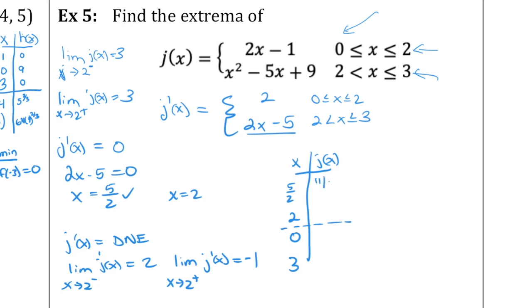You have an 11 over 4, 3, put your 0 in, you get -1, put your 3 in, you get 3. And that tells us we have an absolute maximum, according to the extreme value theorem, at j at 2 equals 3, and an absolute minimum for j at 0 equals -1.